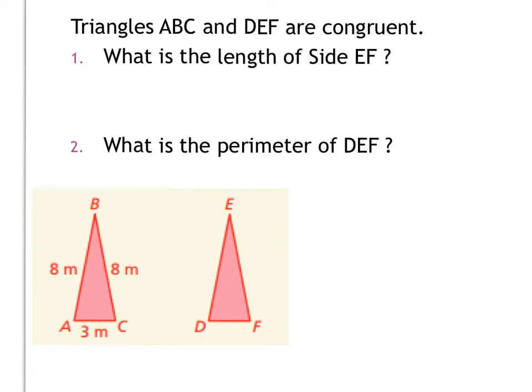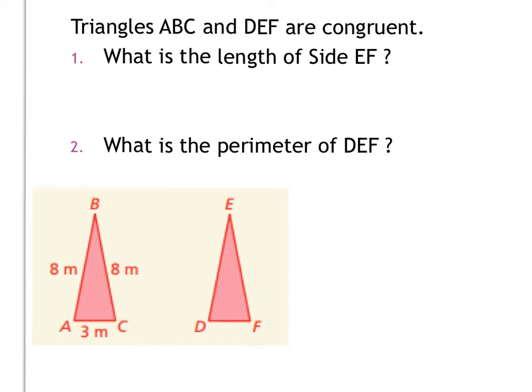Now we are given 2 triangles that are congruent. So again, it says triangle ABC and triangle DEF are congruent. What is the side length of EF? If these are congruent, then their corresponding sides should be equal, or the same. If I have EF over here, EF is corresponding to BC.